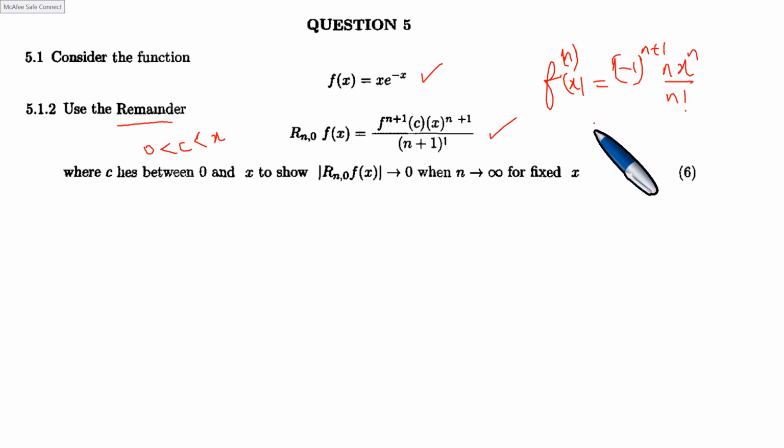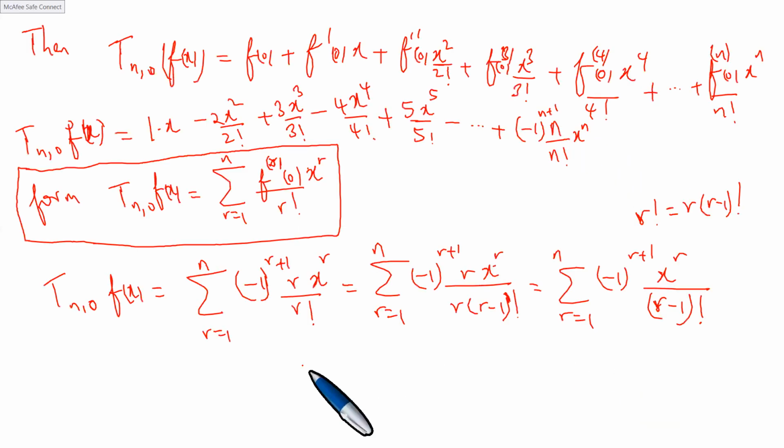This was the nth term of the derivative. Then you have this. At the end, what we're getting here is we're just adding these here.